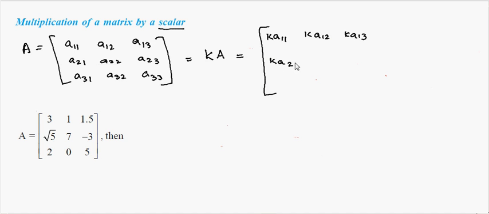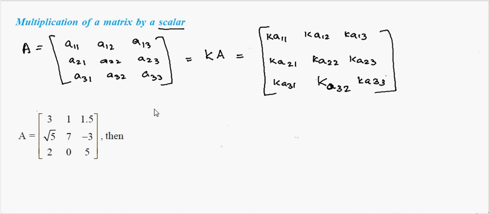Similarly, it will become kA21, kA22, kA23. So all the elements of that matrix are getting multiplied by the scalar. This is how you need to multiply whenever a matrix is multiplied by a scalar.